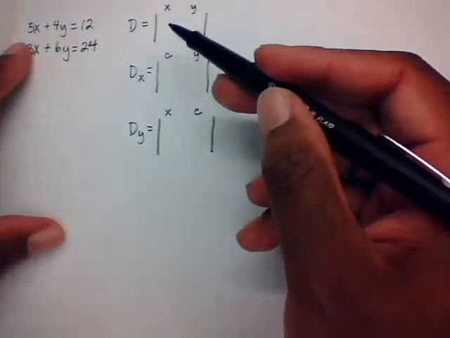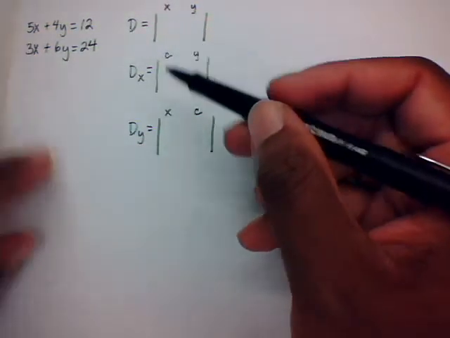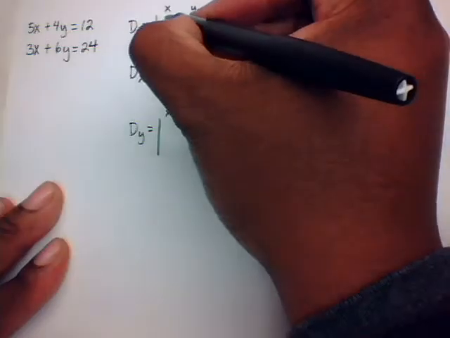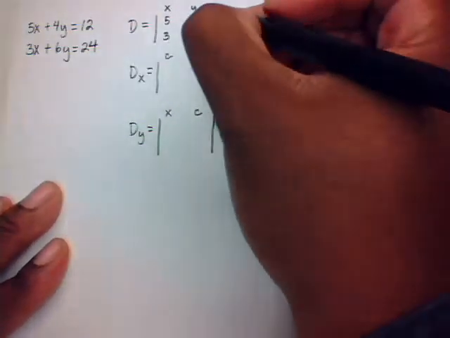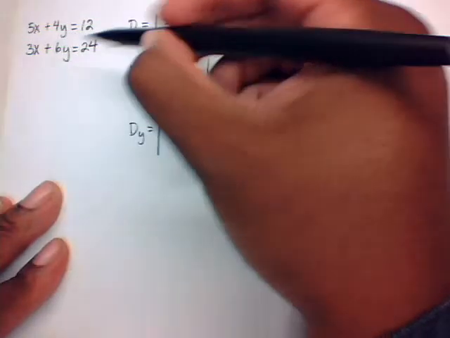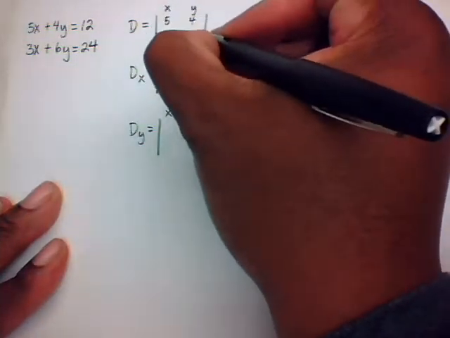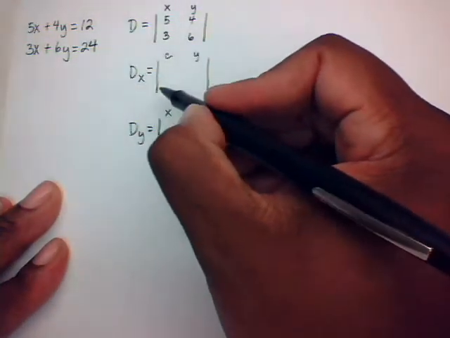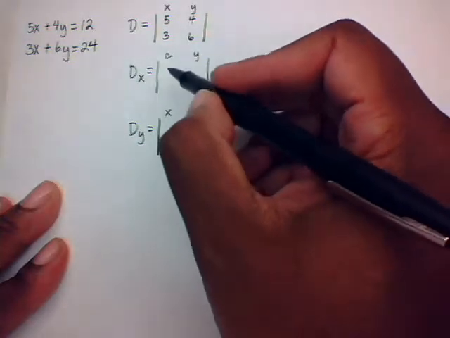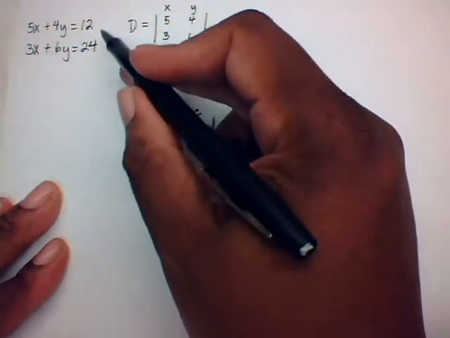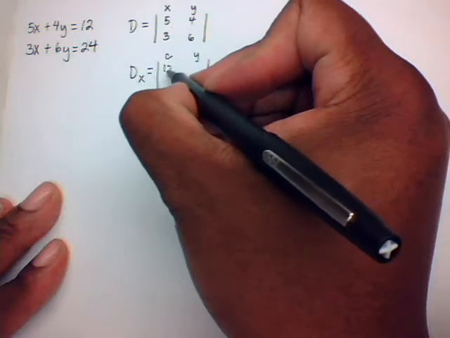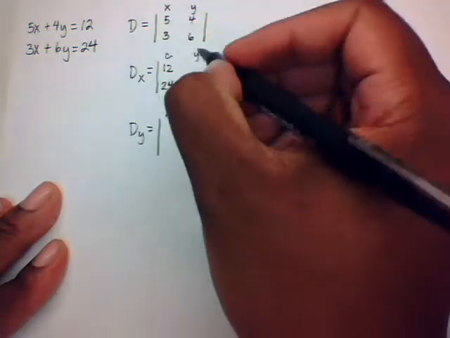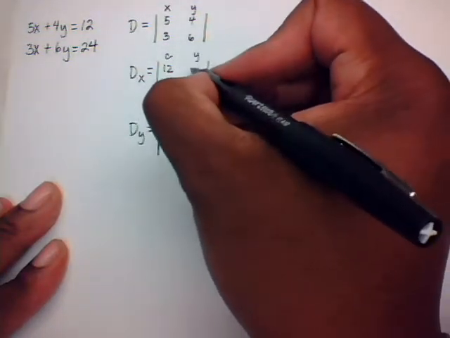The coefficients of x will be these two numbers here, 5 and 3. That goes in this column. And for the y's, your coefficients are 4 and 6. Now for d sub x, let's find out what that matrix is going to look like. The constants are going to be 12 and 24, and then for the y's, your coefficients are still 4 and 6.